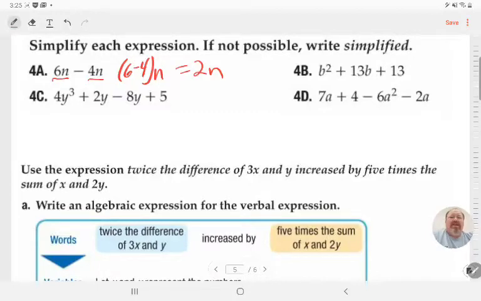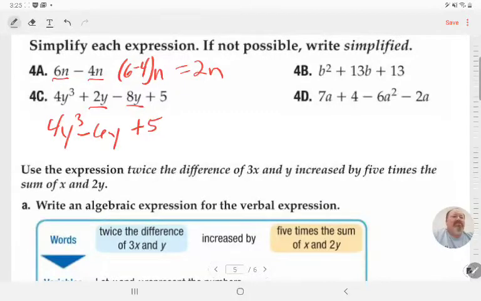On 4c, we have like terms of 2y and 8y. So all I have to do is go 4y cubed. Now 2 minus 8 would be negative 6, so negative 6y plus 5, okay? And that's it. It's done. That's all I can do. Everything else is unlike terms.